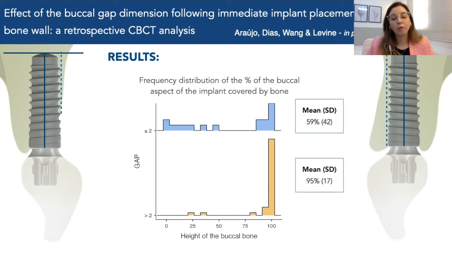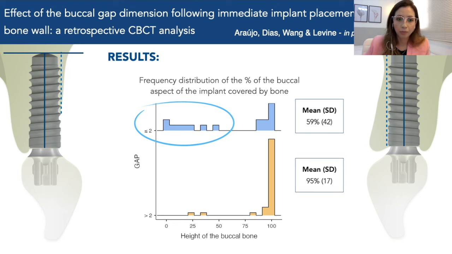What about the buccal bone height? That means, what about the percentage of the buccal aspect of the implant that is covered by bone? As you can see in this frequency distribution, in the narrow gap group in blue, the majority of the cases presented less than 50% of the implant height covered by bone.